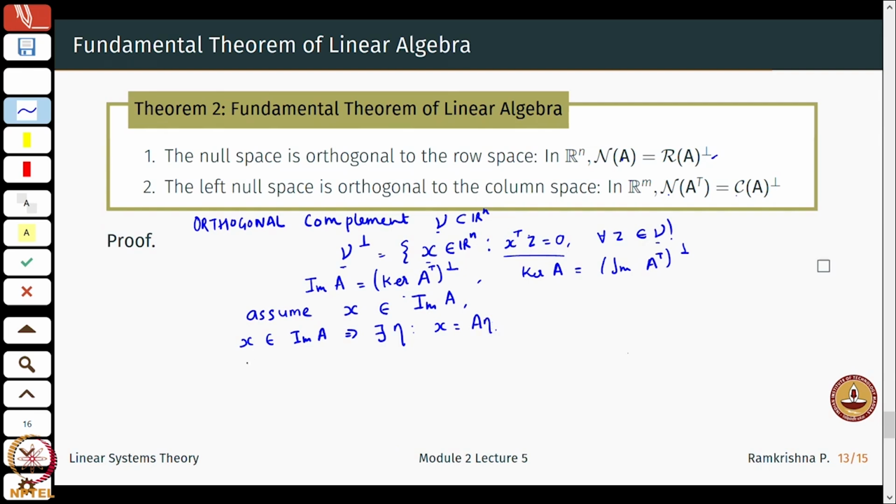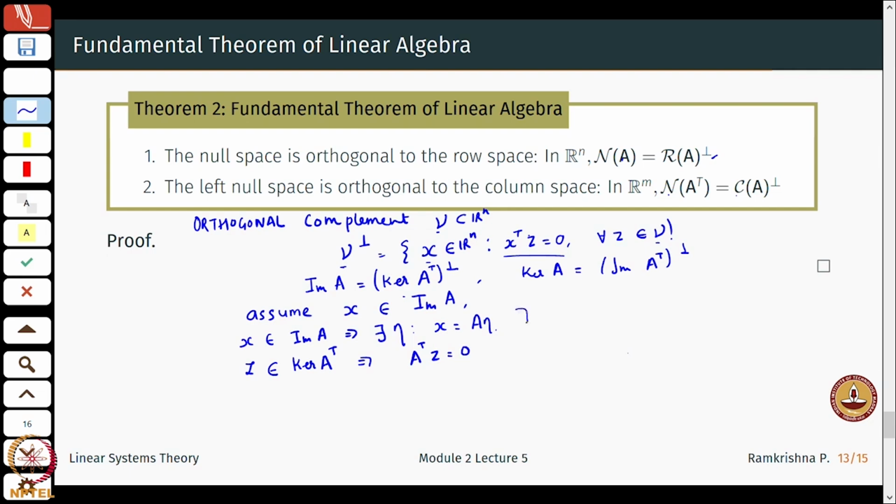Similarly, if I take a vector z which comes from the kernel of A transpose, this would mean that A transpose times z equals 0.